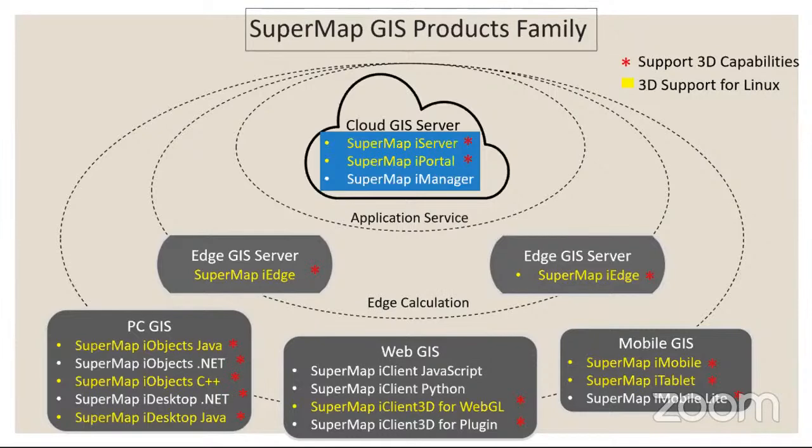The other one is iManager, which is used for creating and managing SuperMap Cloud GIS applications. Then SuperMap iPortal is a unified access point for resources, and it is possible for hosting the front end as well as managing the GIS resources.